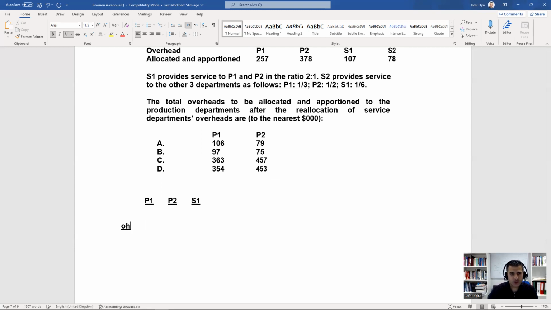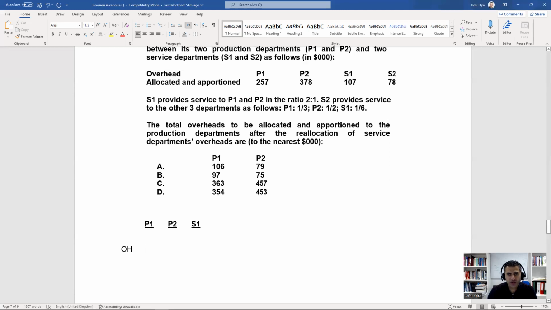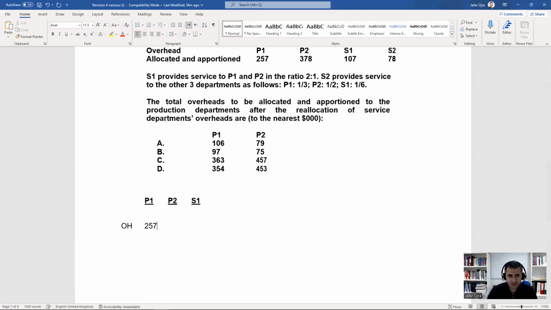So, original overhead for P1, how much? 257. For P2, 378. And for S1 it is 107.